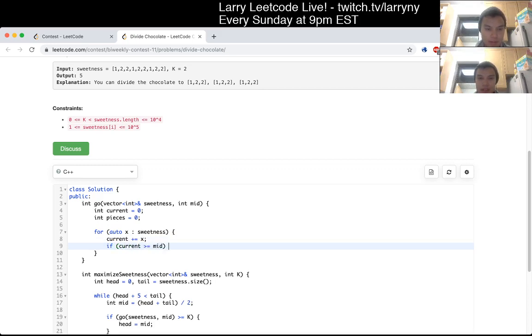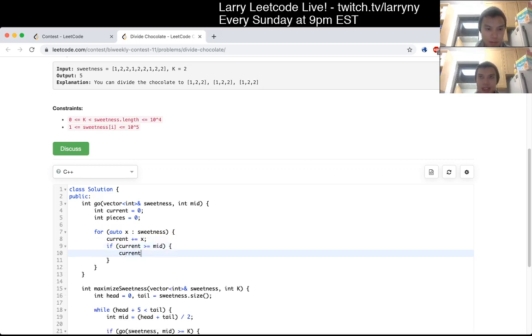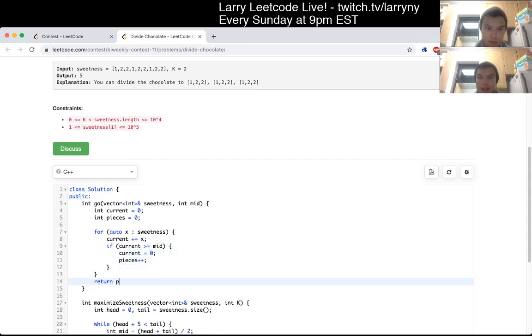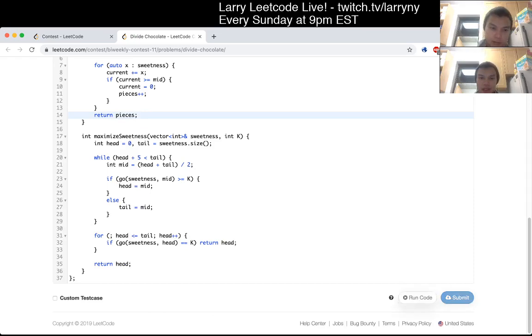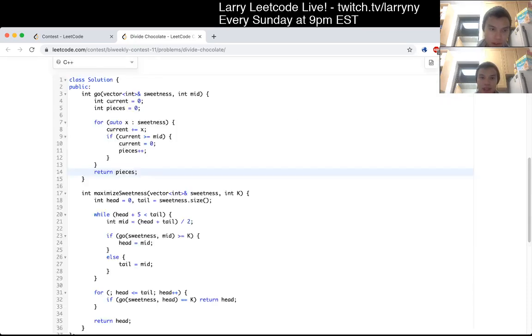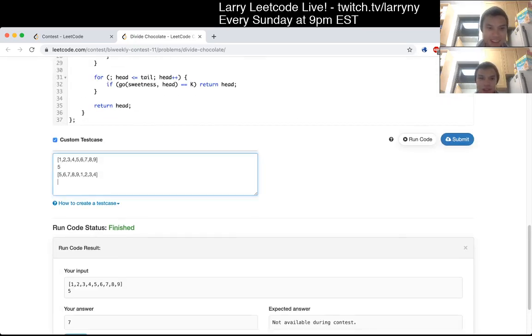So what I'm doing here is that every piece has to be at least the value that we put in. So that's what we check for. And if that's the case, that will also be the smallest piece. So I played around with this.